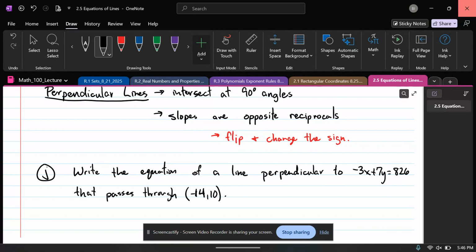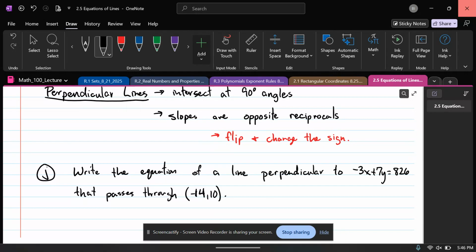Okay. What do we got to do? We're going to write an equation of a line, and we're going to do all 3 forms again, just like we've been doing.